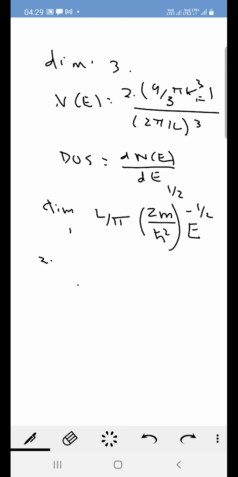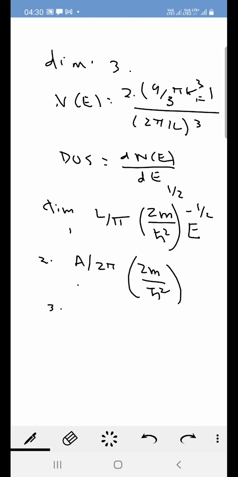For dimension 2, it is the area by 2 pi into 2m by h cross square. Interesting thing is that there is no energy expression, so this is a constant value.